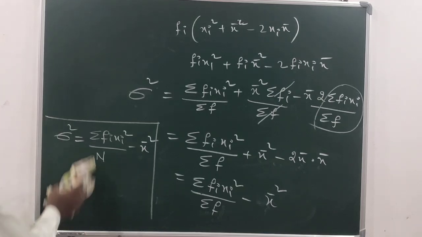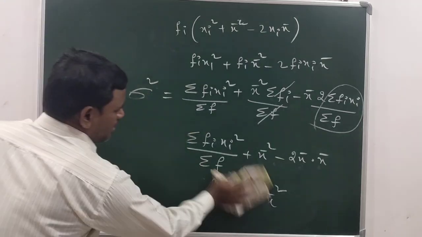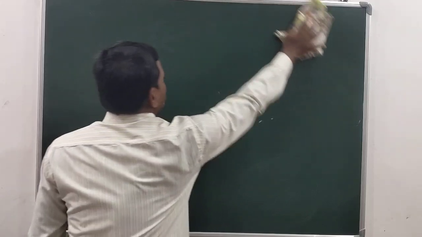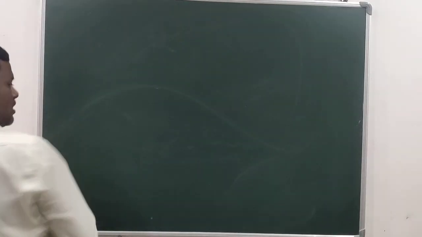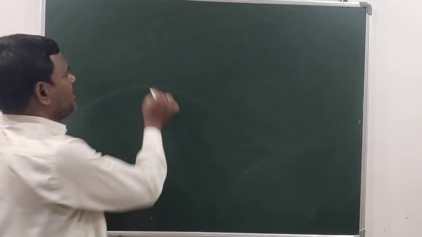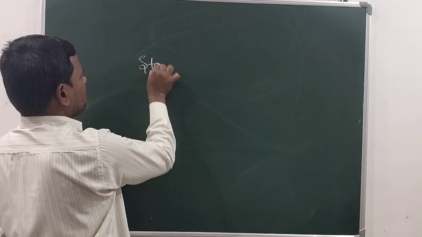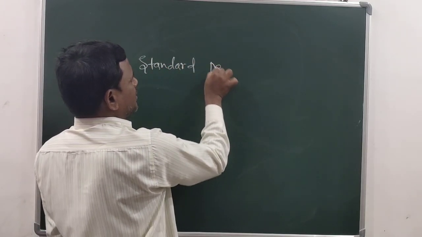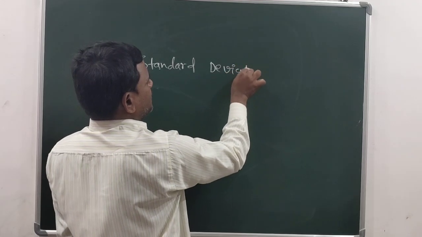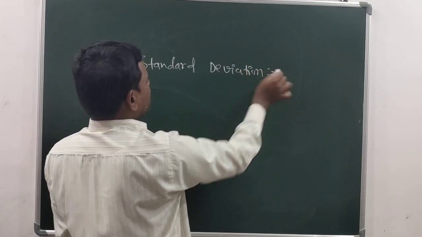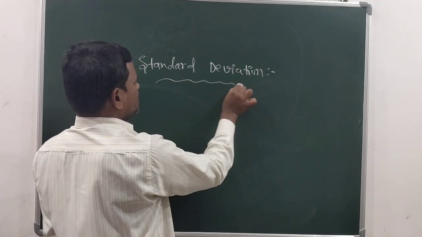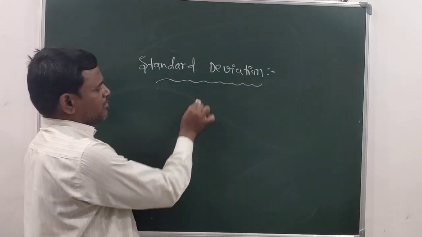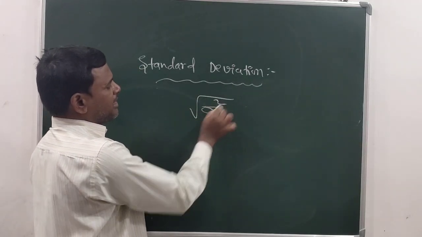Now let us learn how to find standard deviation. It is very easy. Standard deviation is nothing but the square root of the variance.